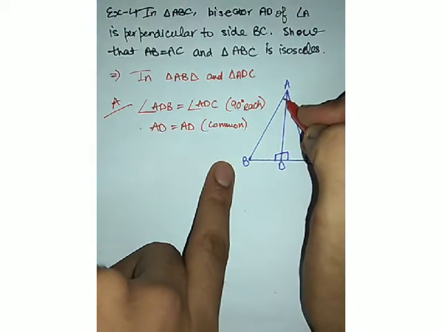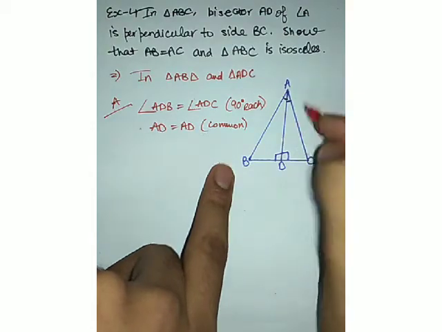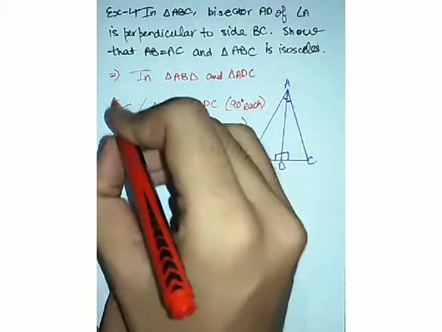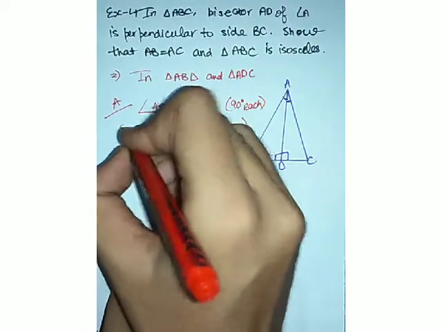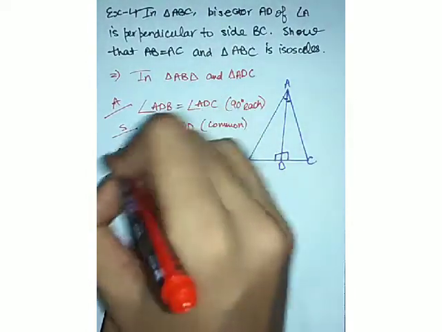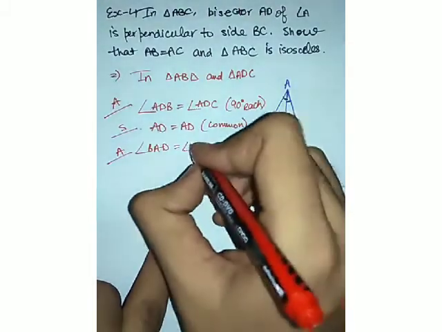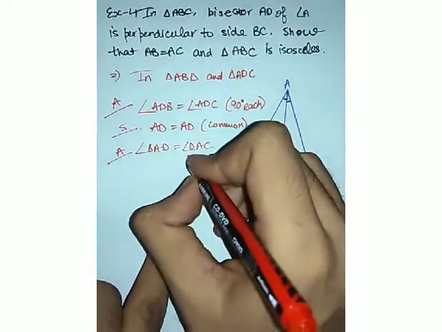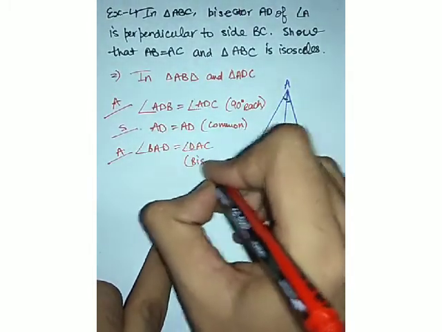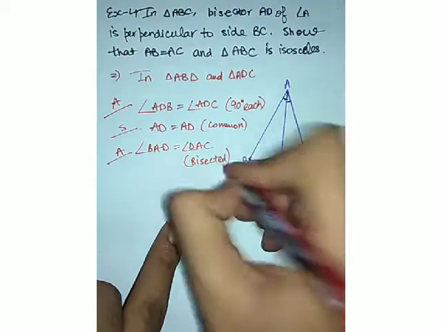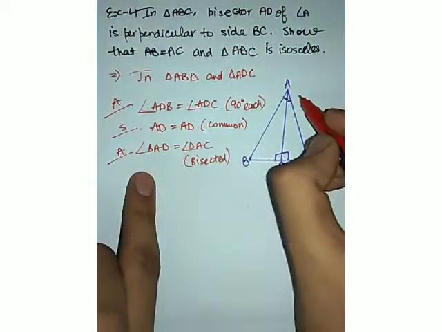Now after that, this angle is also getting bisected into two equal parts. It means first A is done, then one side is done. Then again have a look at another angle, angle BAD is equal to angle DAC. Why so? Because it's being bisected. So these two angles are equal to each other.